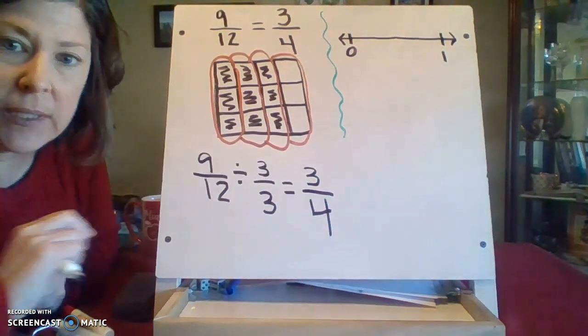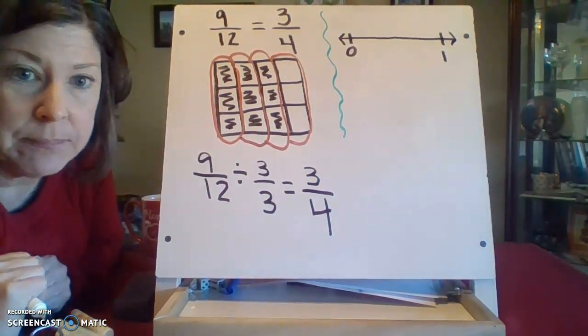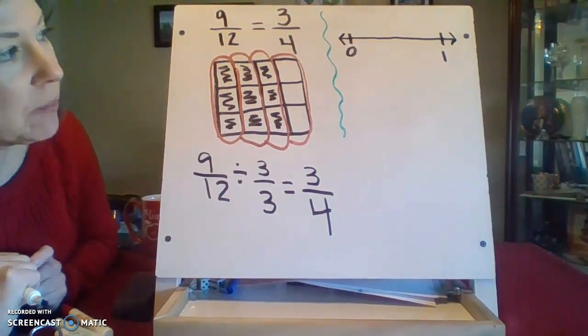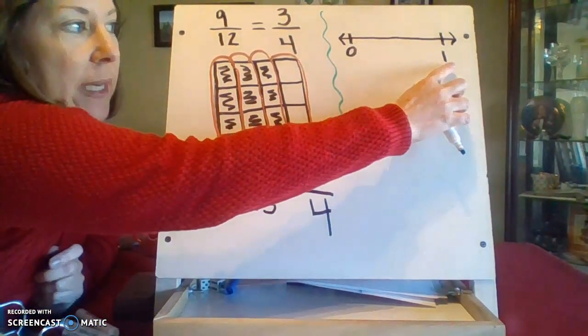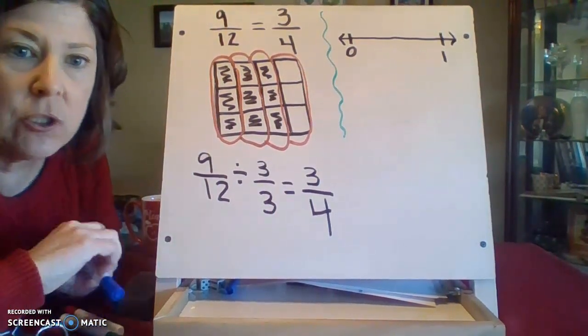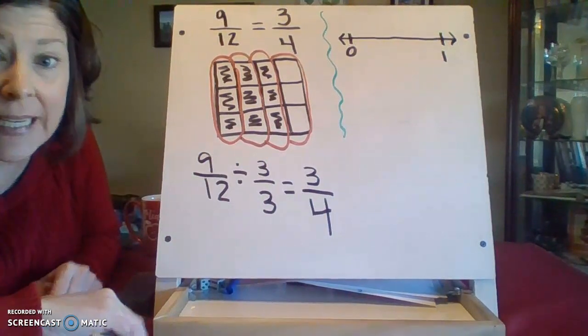Moving on, I'm going to relate it to a number line. So let's say I have my number line. I have 0 on one end and 1 on the other end. And I am going to split it in half.